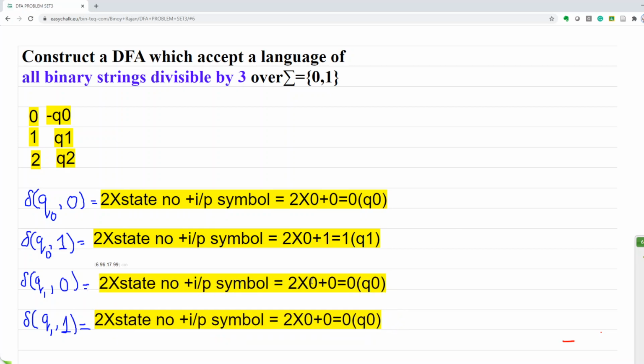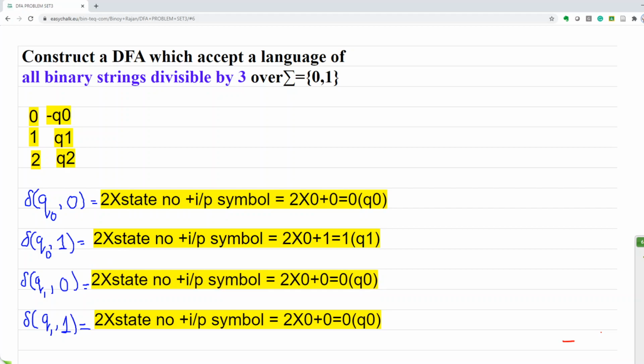I change the state number to 1 in this case. So 2 into 1 is 2. Here the state is 1 and the input symbol is 1, so 2 into 1 plus 1 is equal to 3. So 3 mod 3, when you get 3 you have to divide it by 3, so 3 mod 3 is equal to 0, so I am in state Q0.